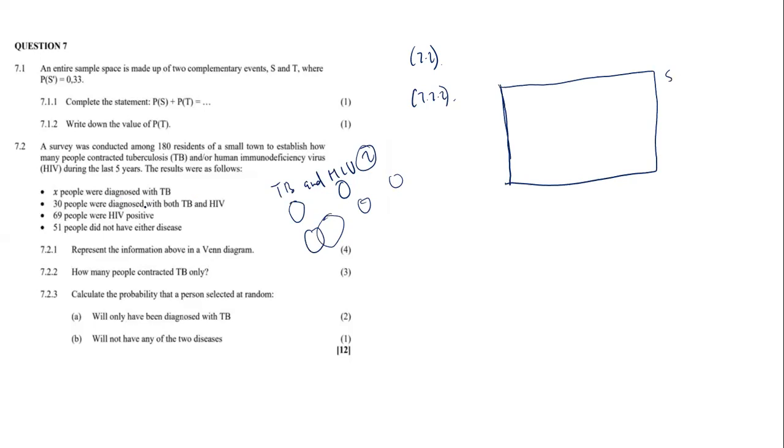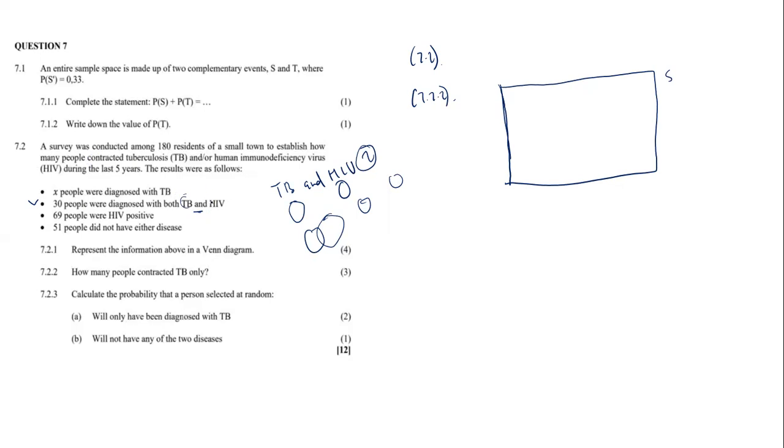It is the very information provided to us. When you have a look at bullet number 2, it says 30 people were diagnosed with both TB and HIV. This shows that in this survey, there were people who were affected by TB and HIV.